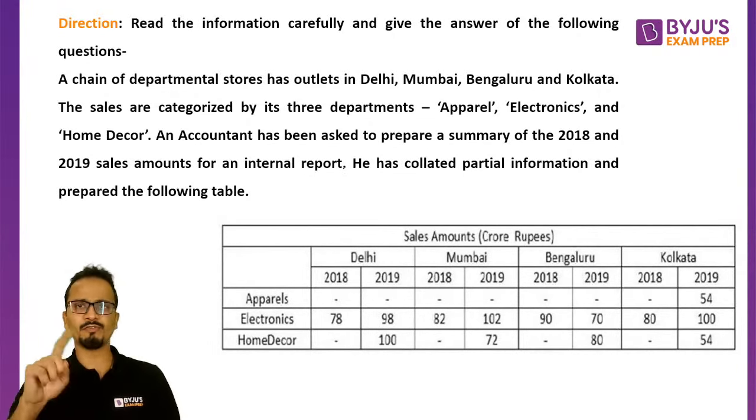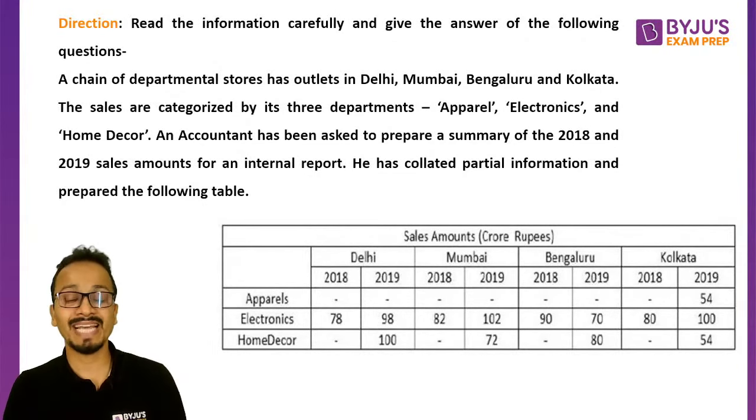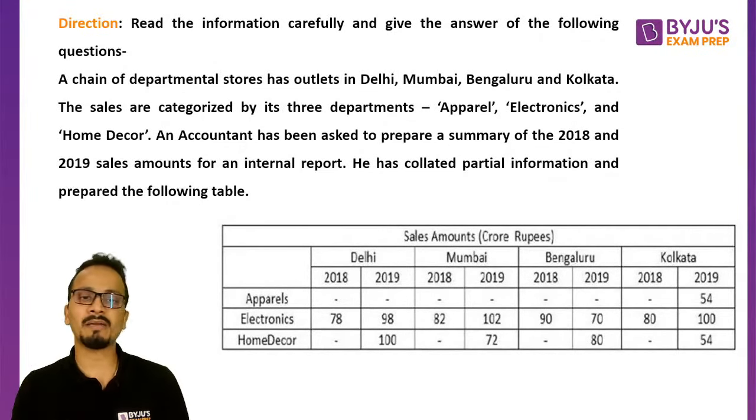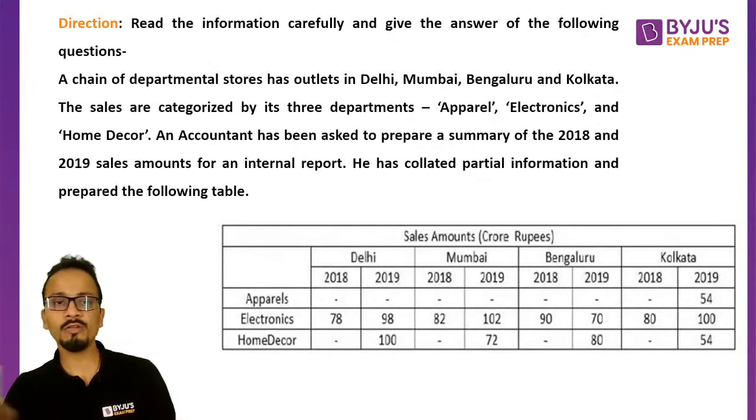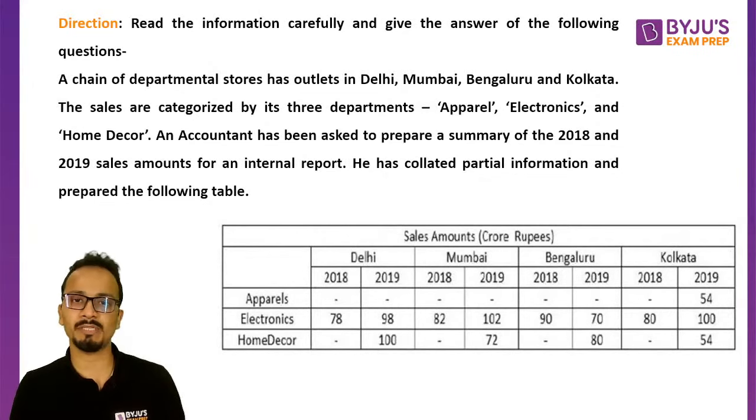So right now we have four cities: Delhi, Mumbai, Bengaluru, and Kolkata. And there are three departments: apparels, electronics, and home decor. Now, this table gives the sales amounts for the 2 years of 2018 and 2019 for all the four cities for all the three departments.